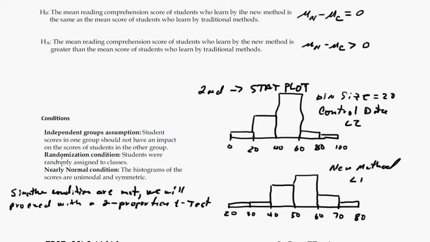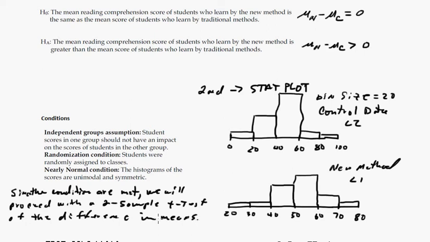Oh, did I say 2-proportion? You see the habit that we get into? It's a 2-sample t-test of the difference in means.